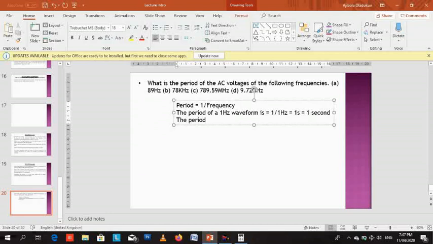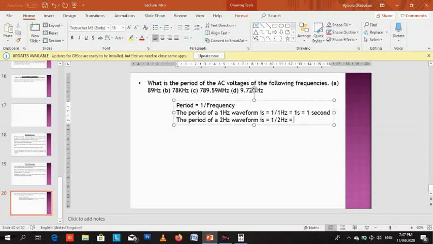So what about the period of a 2 hertz signal, an AC signal, or a 2 hertz waveform? The period of a 2 hertz waveform is 1 over 2 hertz. Period is 1 over frequency. So the frequency is 2 hertz and the period is 1 over 2 hertz, which is equal to 0.5.